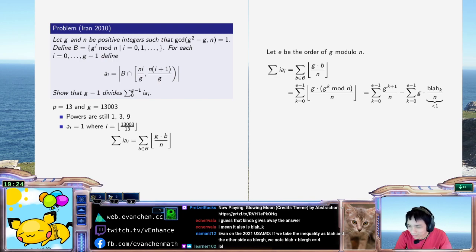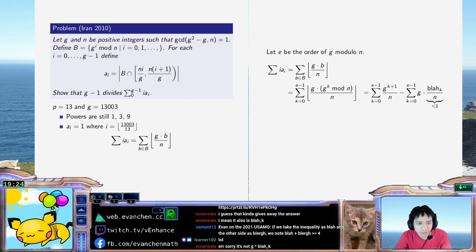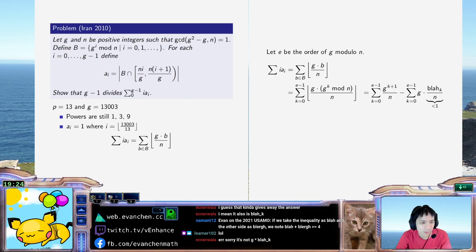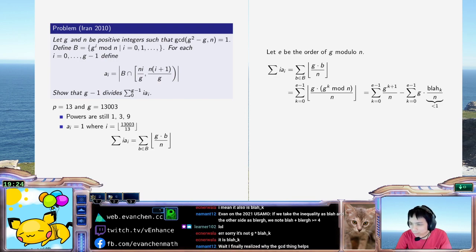So this is the sum from k equals 0 to n of, it's not G times block A? It is block A. Okay, I'm not crazy.